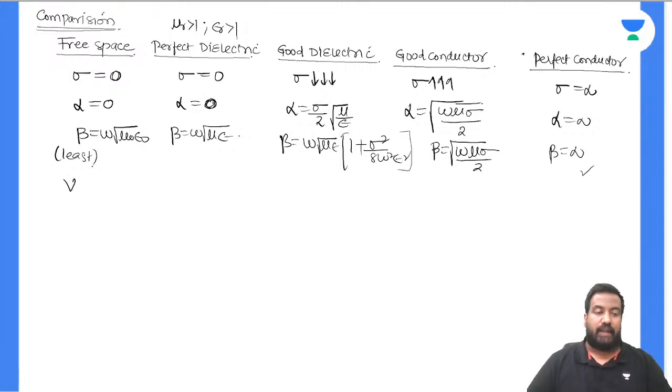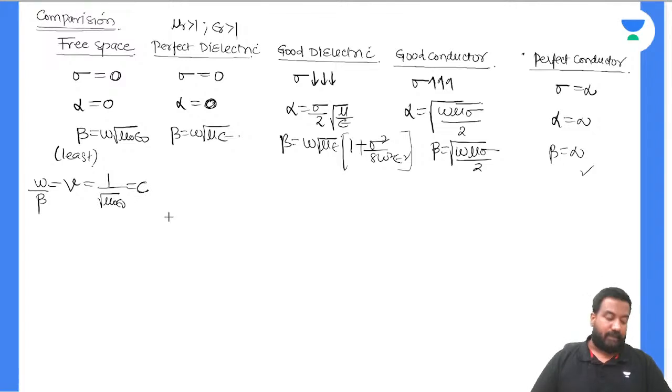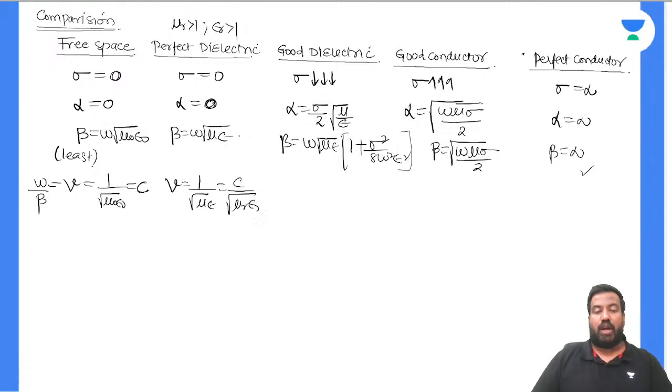Then the velocity, which is given by omega by beta, is 1 by under root of mu naught epsilon naught, which is the velocity of light, 3 into 10 power 8 meter per second. Next, velocity omega by beta is 1 by under root of mu epsilon, which is c by under root of mu r epsilon r.